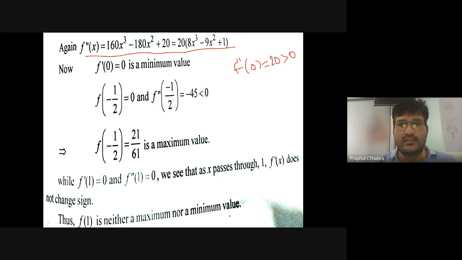And we know that if the double derivative at a particular point is positive, then that particular point is called a minimum. So basically, x is equal to 0 is a minimum.